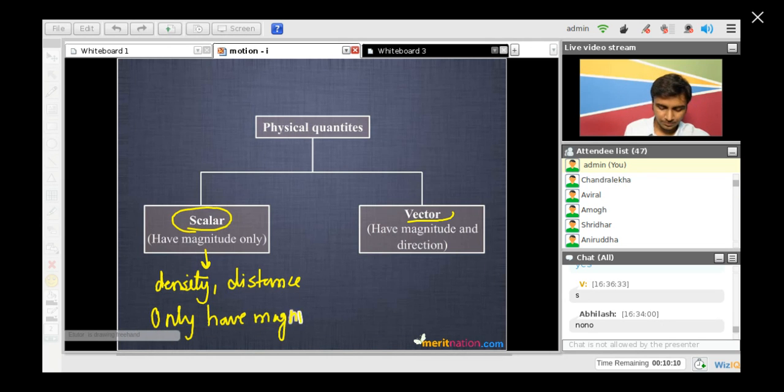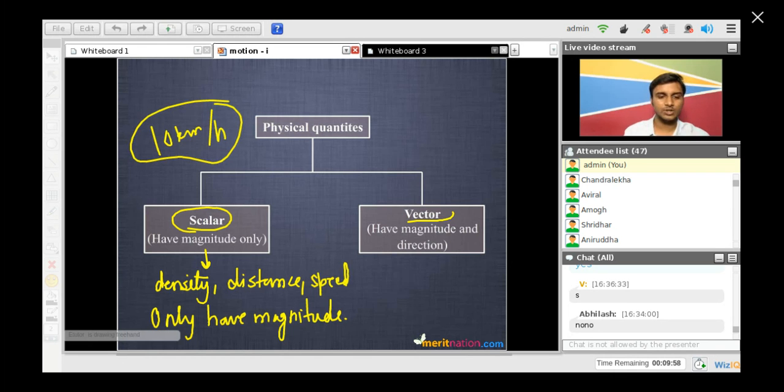Scalar quantity only has magnitude. Speed is also an example. Speed does not have any direction, right? If I say I am moving 10 km per hour, this is the speed. It does not have direction.